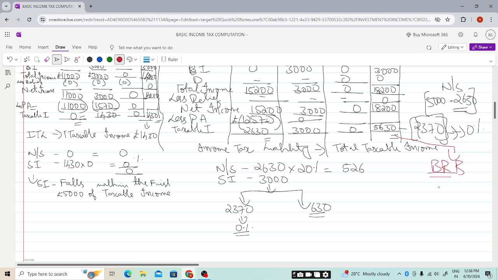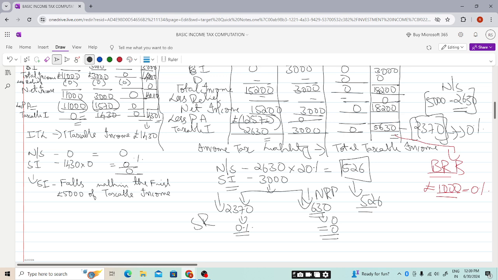So for basic rate band, what is the nil rate band? 1,000 pounds will be taxed at zero rate. So this will also be taxed at zero. So the total income tax liability will be 526, because the saving income is covered by the first 5,000 pound rule and the nil rate band.